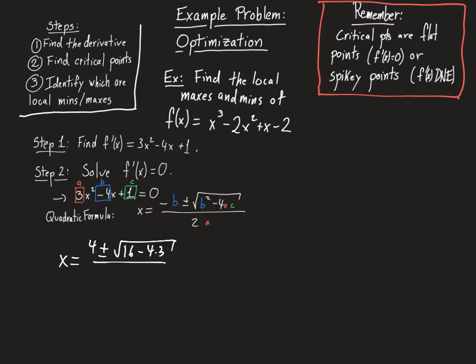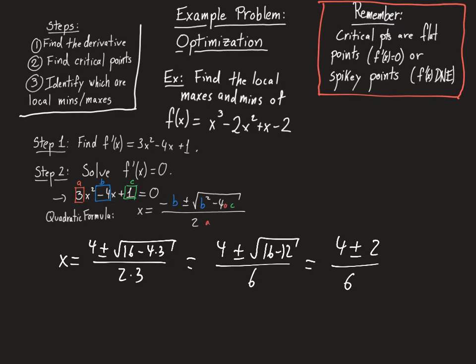All this divided by 2a is divided by 2 times 3. In other words, this is going to be 4 plus or minus the square root of 16 minus 12, all this divided by 6. Square root of 16 minus 12 is the square root of 4. So this is 4 plus or minus 2 divided by 6.